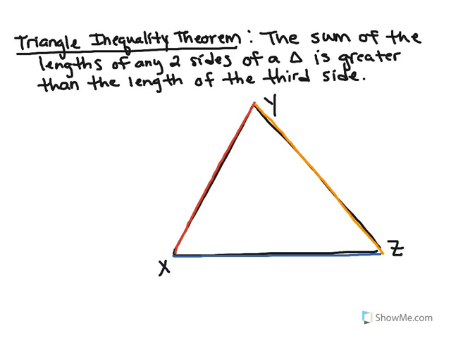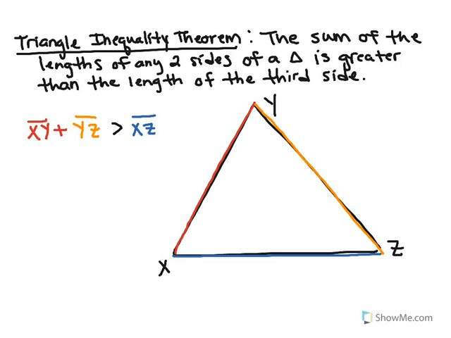Let's try XY first, and we are going to add that to segment YZ. What this theorem says is that the sum of these two sides of this triangle will be greater than the length of the third side, which in this case is XZ.